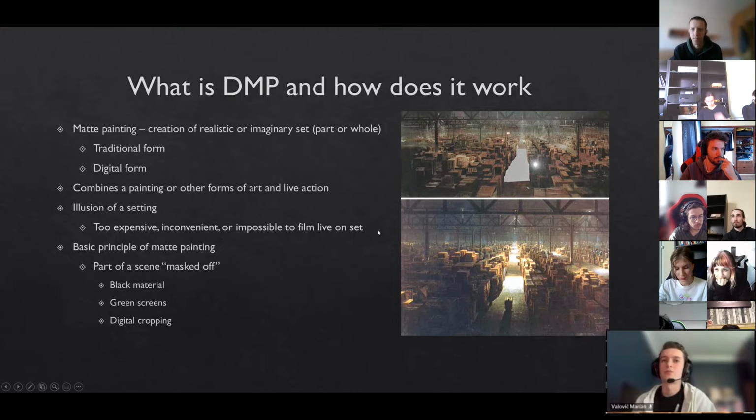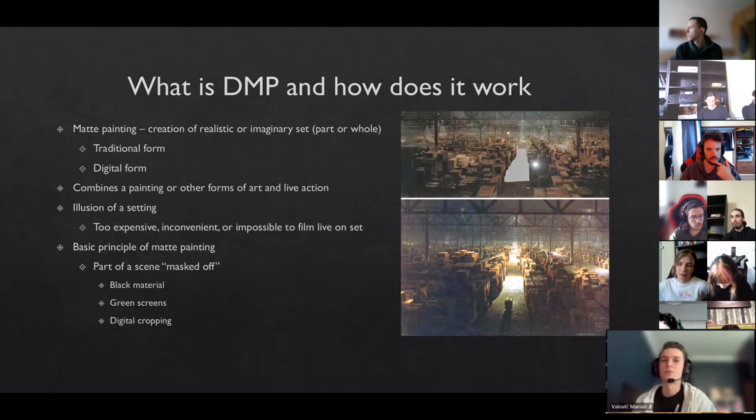It either uses black material to cover the whole with pure black, so when we shoot film, we don't get to see any reflection or anything on the glass, which I will talk about soon.